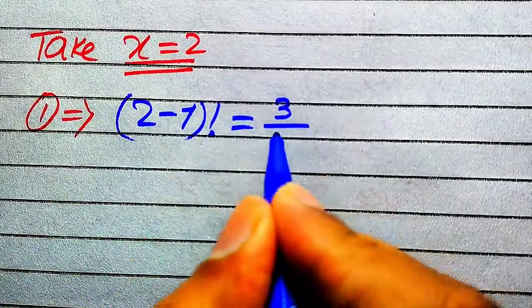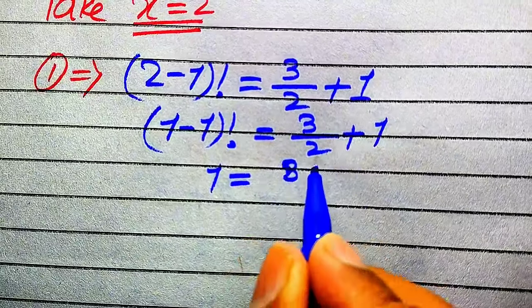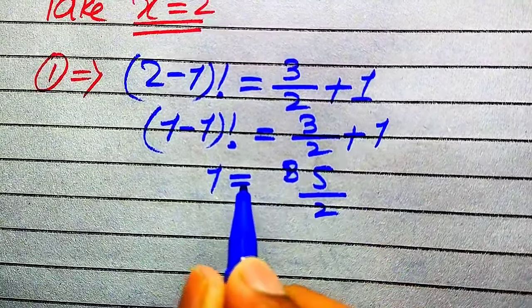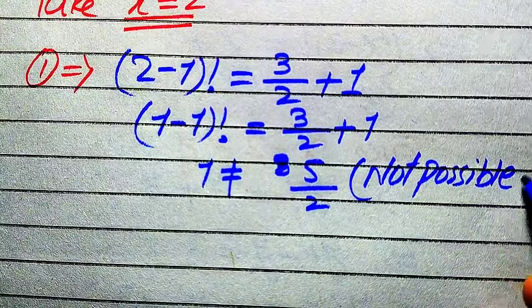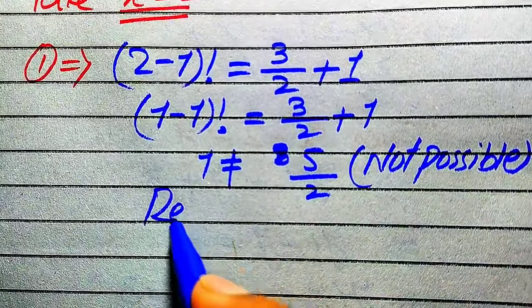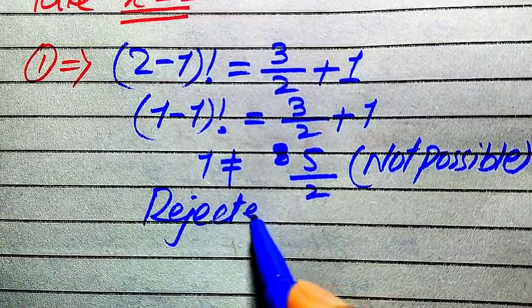So 2 minus 1 becomes 1, 1 minus 1 factorial equals 3 over 2 plus 1, and 1 minus 1 becomes 0, and 0 factorial becomes 1, equals 3 over 3, which is written as 5 over 2. And here you again see that 1 is not equal to 5 over 2, so again we say that it is not a possible case. So we again reject the second value of x.